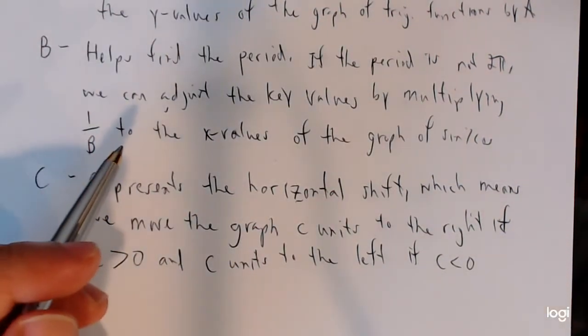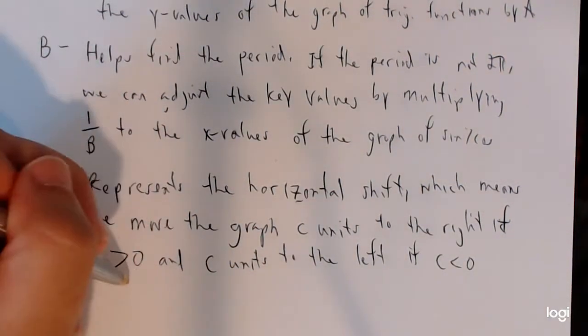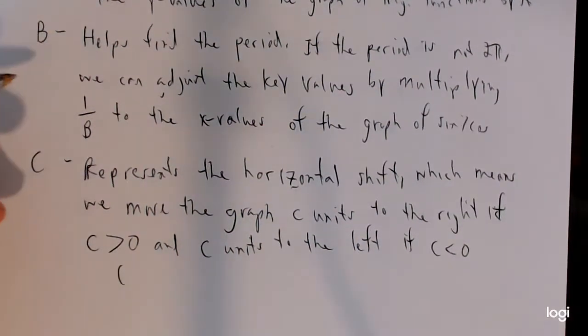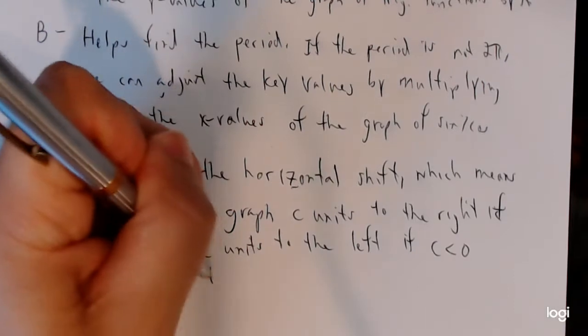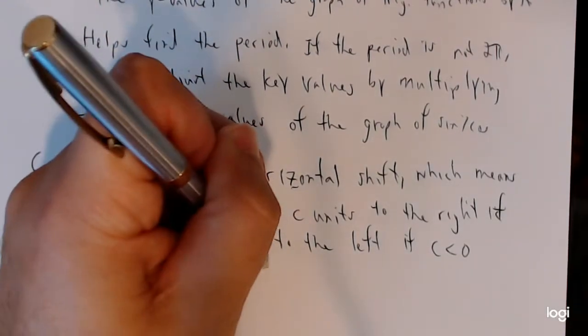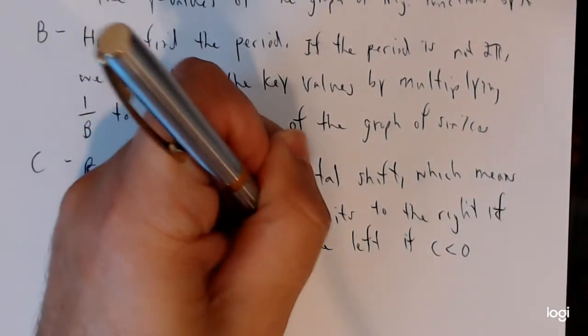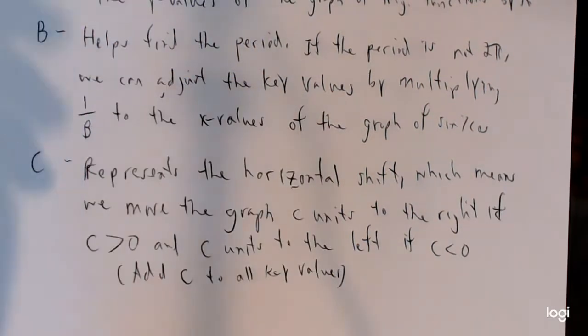Okay, so what we're basically saying is that all you're really doing with our key values is adding c to all key values, right? That's what we're doing here. So if c is a negative number, when we're adding, technically speaking, we're subtracting.